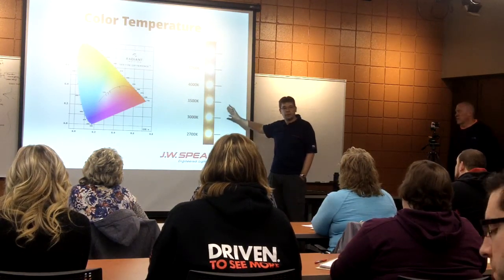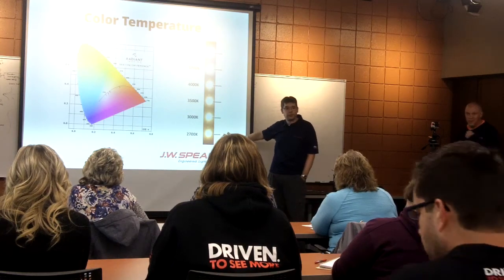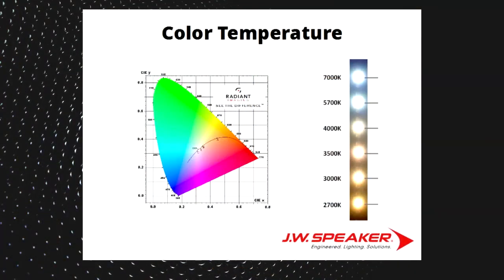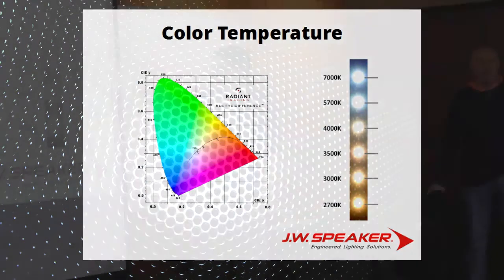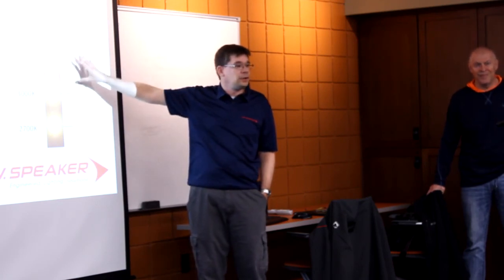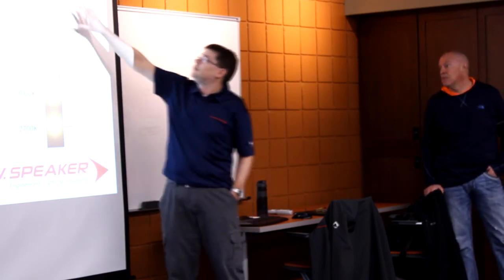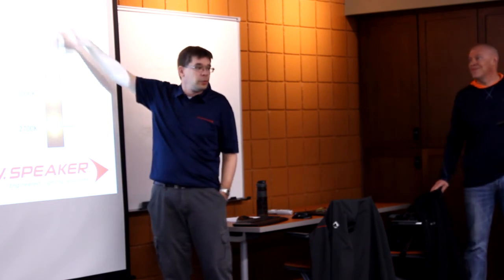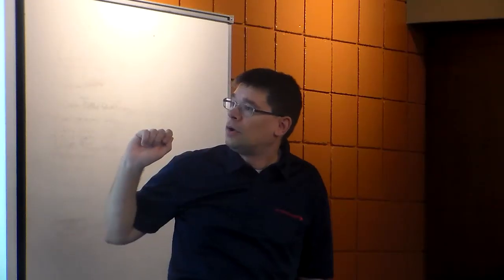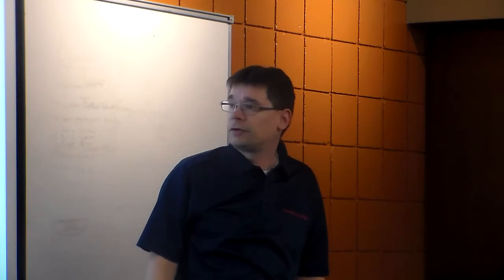You'll see it's all white, but this is a little bit more on the yellow side. As you move up, it becomes more and more blue. So this is about a halogen. Up here is about the HID sources. Our LEDs are in this range, but you can get things all throughout this curve. When we look at color and talk about LEDs, you'll see this chart again.